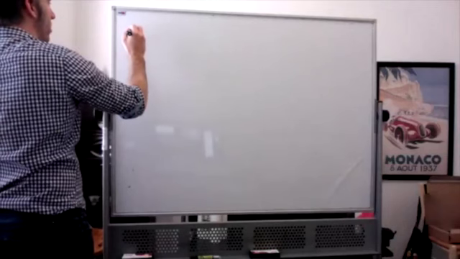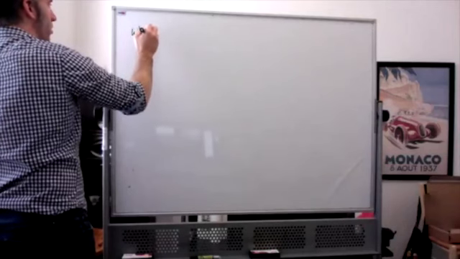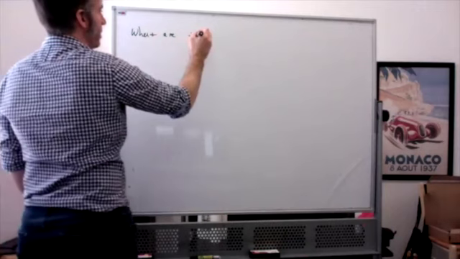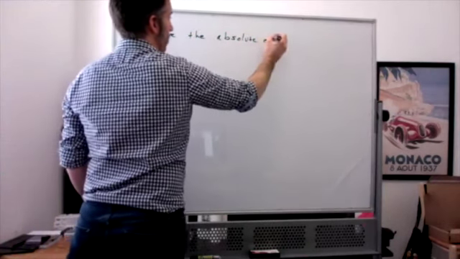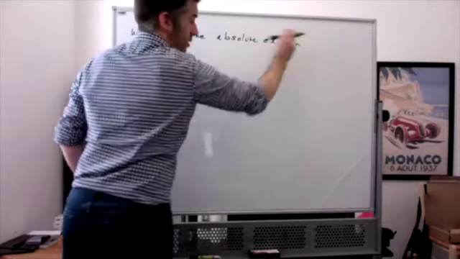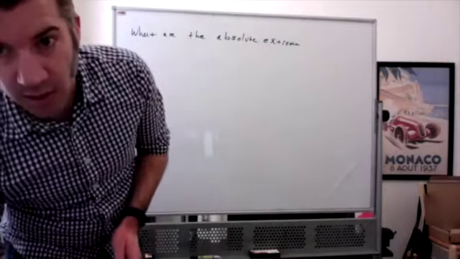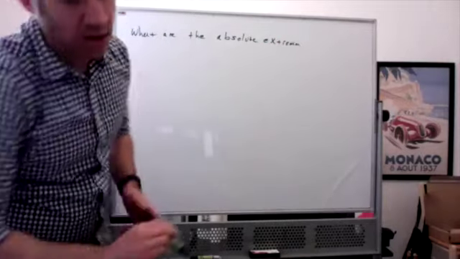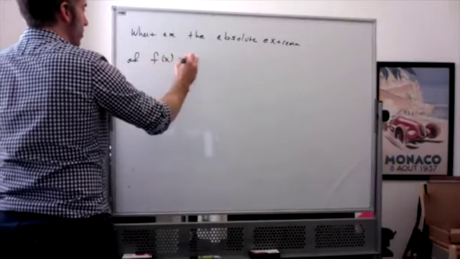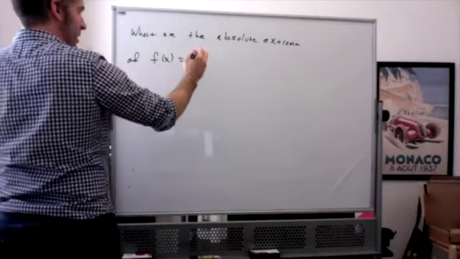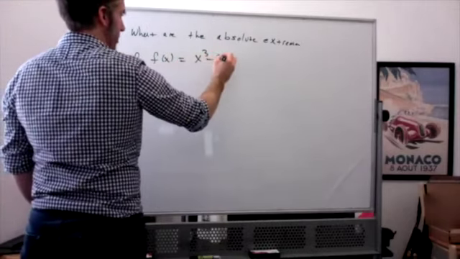So what I actually want to ask now is, what are the absolute extrema of the same function, f of x equal to x cubed minus 6x squared.